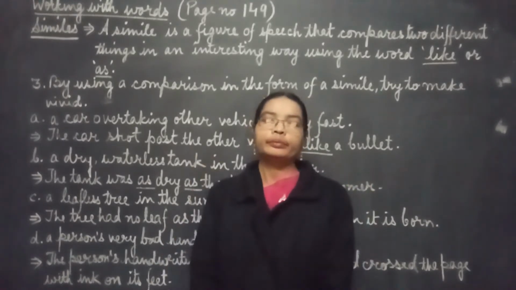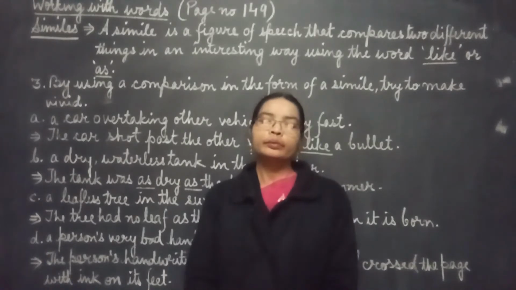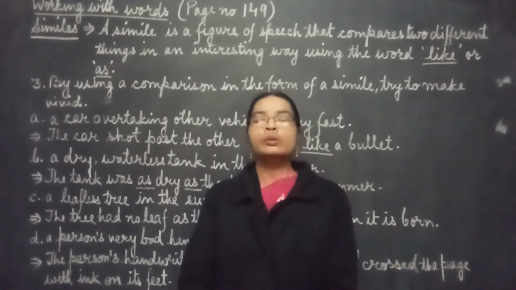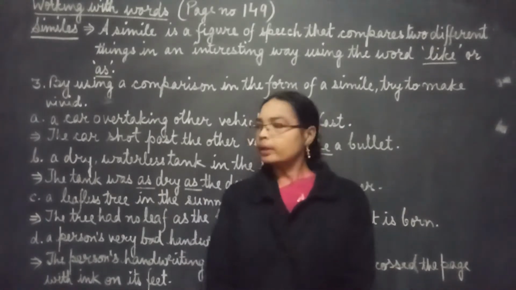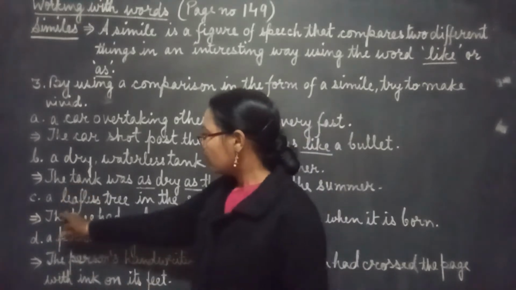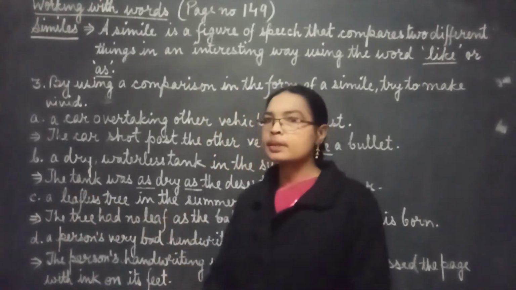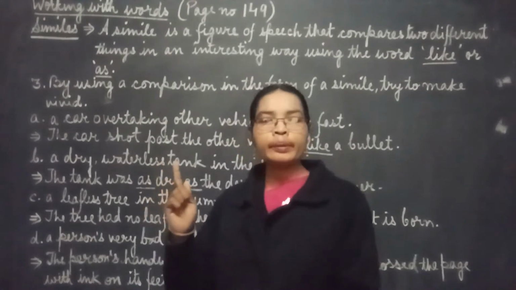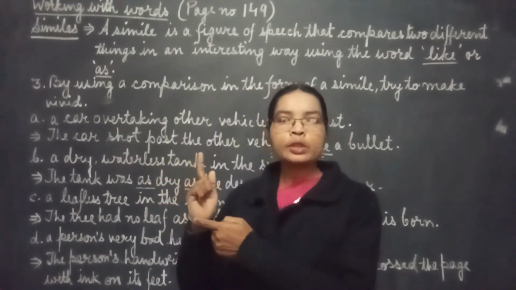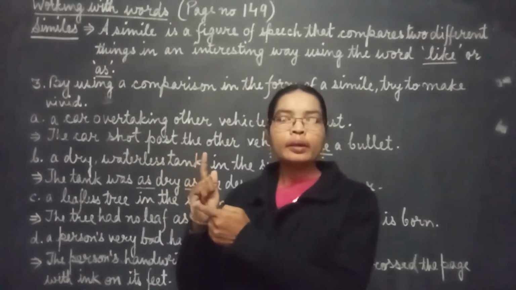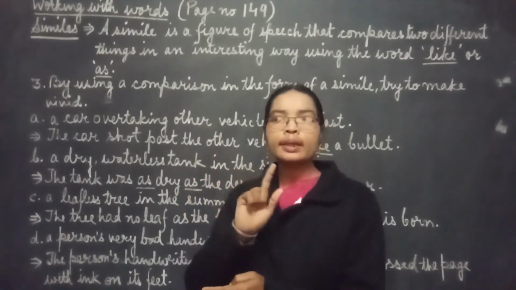No leaf, no buds, no flowers. That's why no birds also. Isn't it? So here it is given, a leafless tree in the summer. A tree is there only with its trunk and branches. Not a single leaf is there.